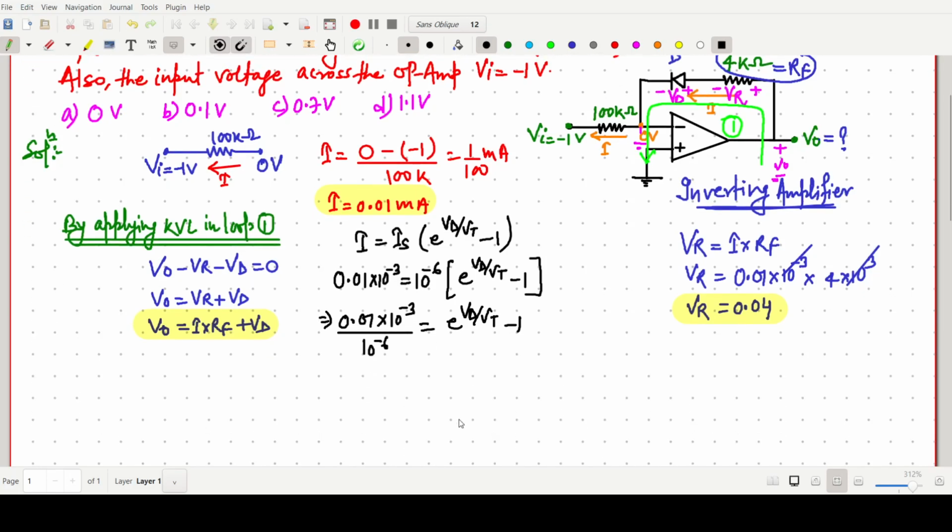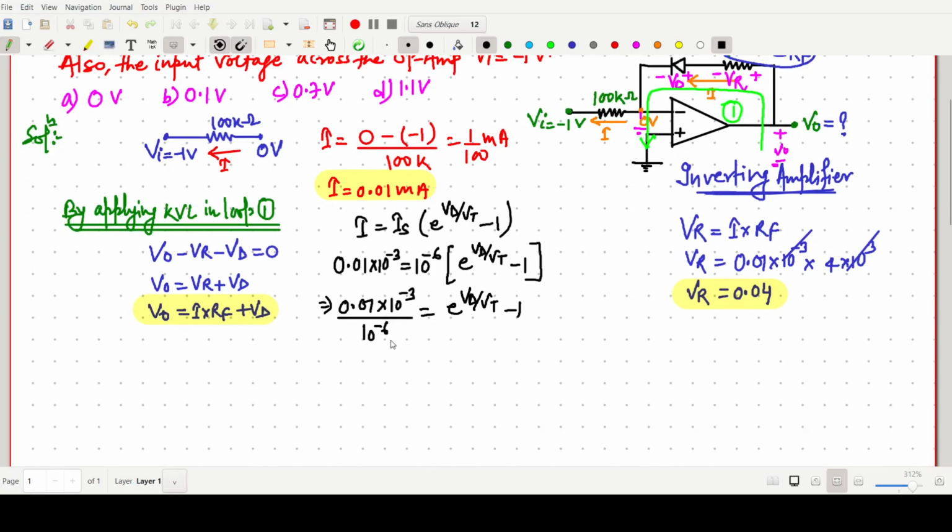Okay, so next we have to find the value of Vd. One can write this as 0.01, 10 to power minus 3 over 10 to power minus 6, so minus 3 minus minus 6 gives 10 to power 3. Very simple calculation. Once again I am writing e to the power Vd by Vt minus 1.